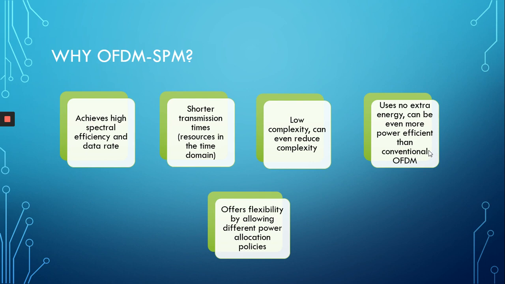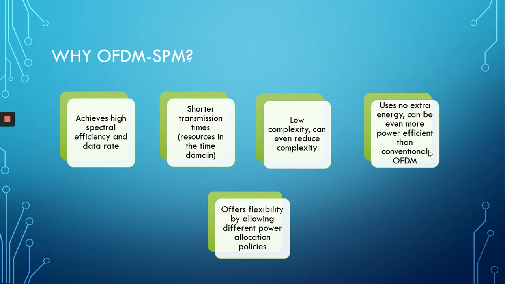It uses no extra energy and can be even more power efficient than conventional OFDM. Keep in mind that all these comparisons that we're doing will be done with reference to conventional OFDM. That's the standard that's been taken, and that's how the comparison has been done with other schemes which have introduced third data carrying dimensions. And last but not least, OFDM-SPM offers flexibility by allowing different power allocation policies.